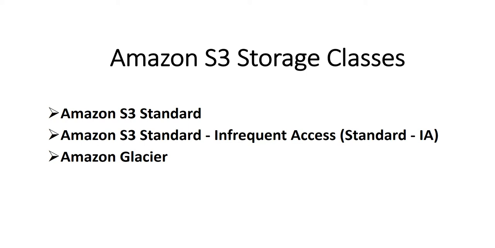These are the three storage classes available in AWS S3. We can set policies to store files in one of these classes. The main idea is that, depending on our file usage, we can store a file in any of these classes. That will save money, and that's the whole purpose of lifecycle management.